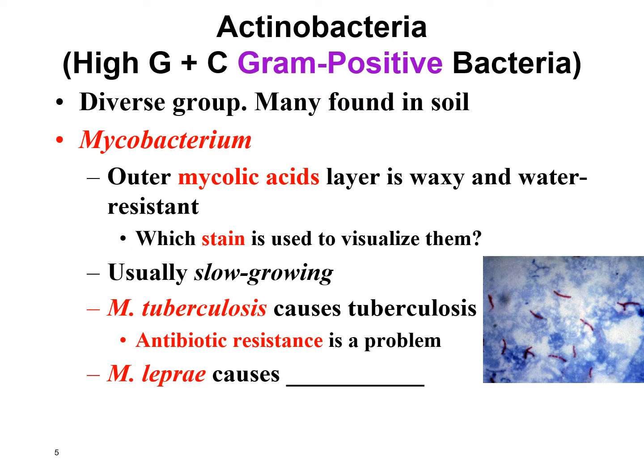So we have to stain them another way in order to see them, and you can see this picture on the right. We've stained them with the acid-fast stain, and they stain red with the acid-fast stain. So to fill in our answer to our question here, the stain used to see the Mycobacterium would be the acid-fast stain.